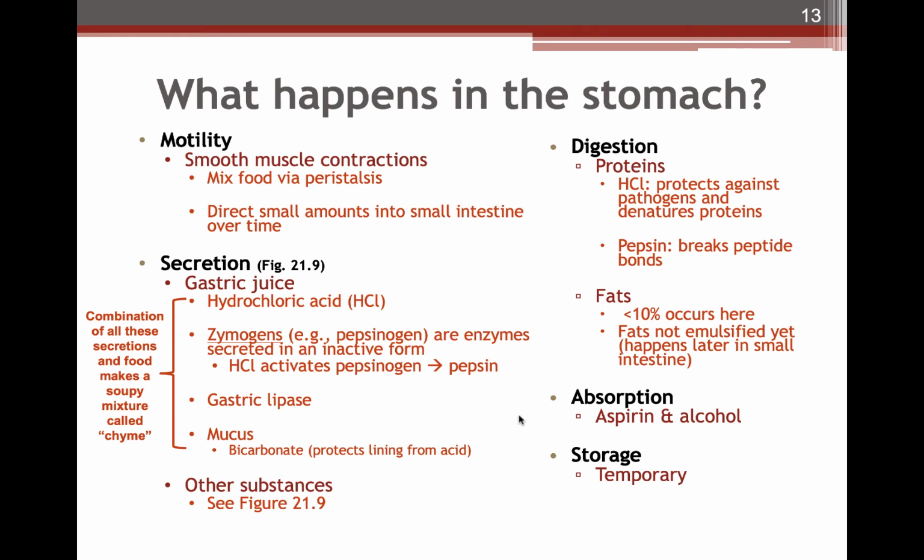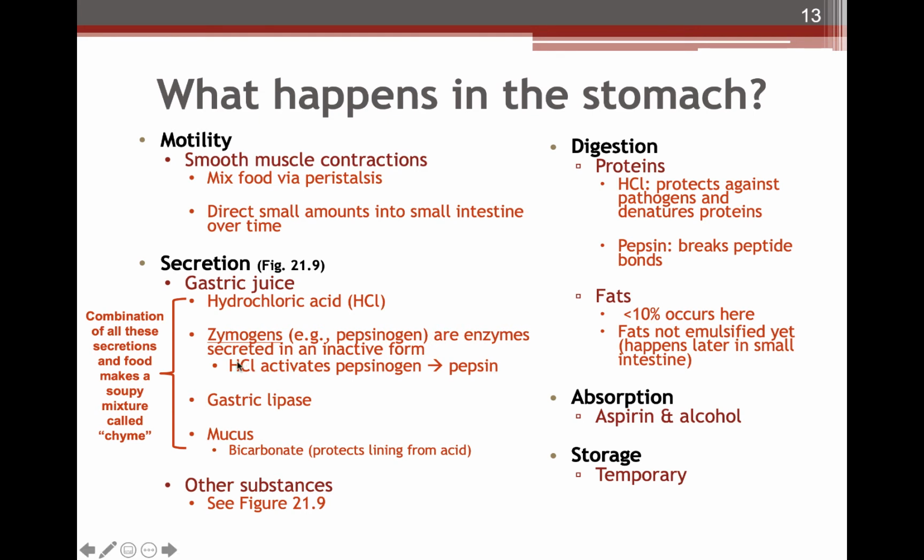Pepsinogen is the inactive version, and when you see an enzyme end in -sin, that is the active form. This is the older naming convention for enzymes, before the whole -ase kind of thing. So we're going to see some older enzymes that don't have that -ase at the end. Sometimes enzymes end in -sin or -sinogen, so keep that in mind. When you see something that ends in -sinogen or -ogen, that's an inactive form, and when it ends in -sin, that's an active form.